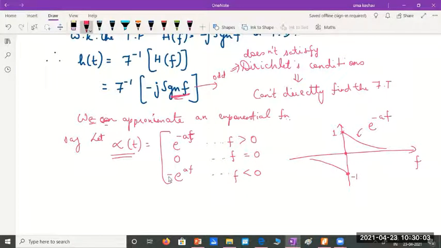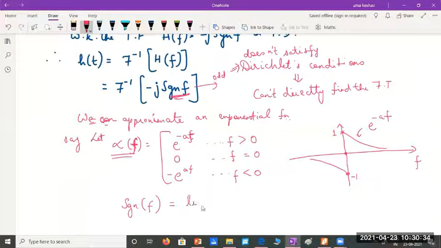Can you give me the condition when this alpha will be equivalent to the signum function? When alpha of t can be the signum function, or when alpha of f, sorry, this should be alpha of f instead of t. Can you tell? 0. Yes, at a equal to 0.